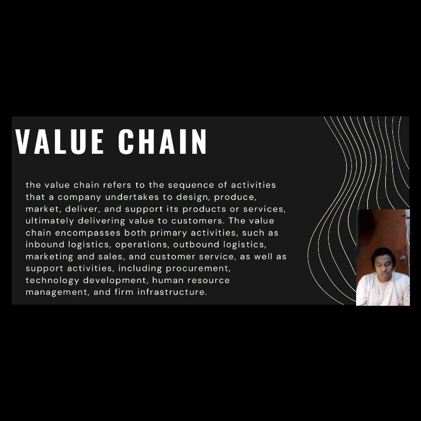Outbound logistics refers to delivery of our finished product to consumers. Next is marketing and sales. Siyempre, imamarket natin and sales our product to our consumers. Next is services. Services refers to kung paano natin i-service ang ating product to our consumers.